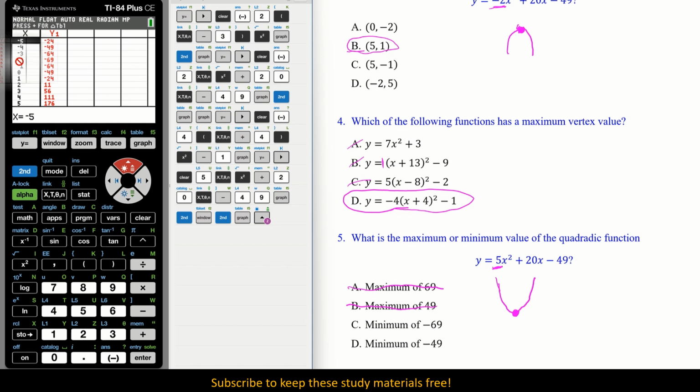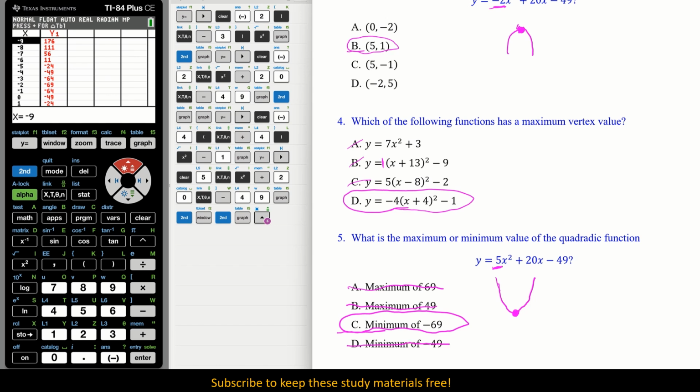Okay, looks like our minimum is -69 because above it and below it, everything increases. See how it increases in pretty big steps going both ways. So we have just verified that at -3, our minimum is -64, and that gives us option C, verified.